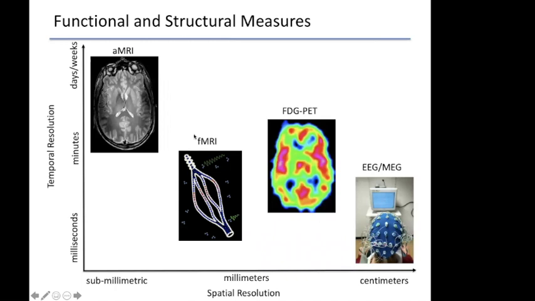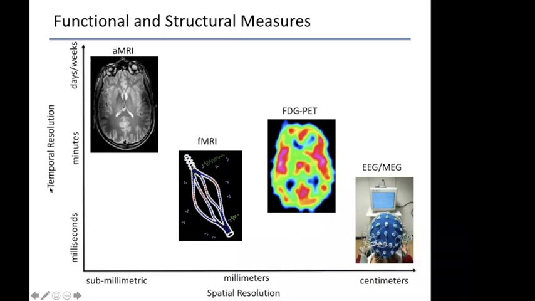So when you take brain images, you have a lot of trade-offs and a lot of questions you should ask yourself at some point as to why you're choosing the modality that you're interested in. Basically, the choice of modality comes down to a trade-off between what kind of temporal resolution you want versus what kind of spatial resolution you want.